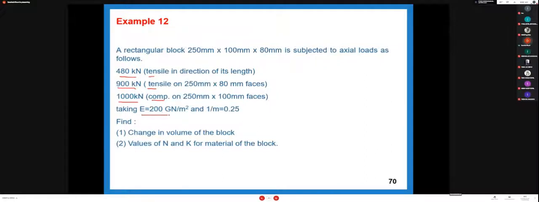E value is given, 2 into 10 raised to 5 Newton per mm square, and mu value, means Poisson ratio, is given. You have to find out the change in volume, means delta V, after applying these three forces. And then also find out the N and K values for the material of the block, means shear modulus and bulk modulus.